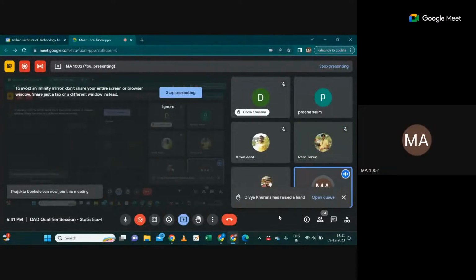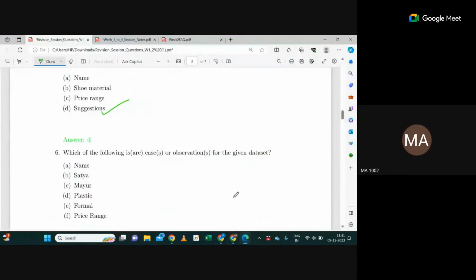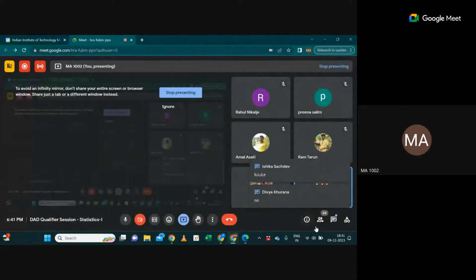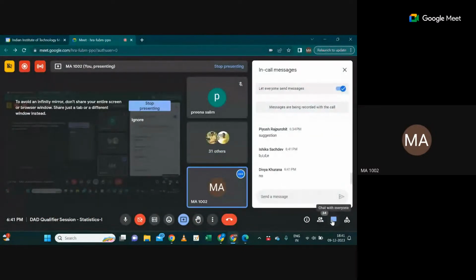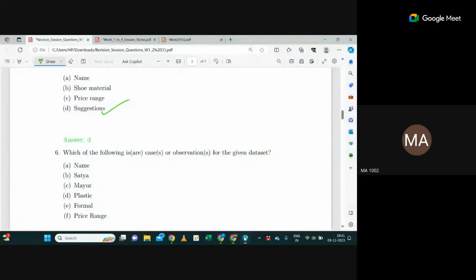Divya has raised her hand. Divya, do you have any query? Okay, so price range, why price range? Okay, what is the case or observation first of all? How will you define the case or observation?